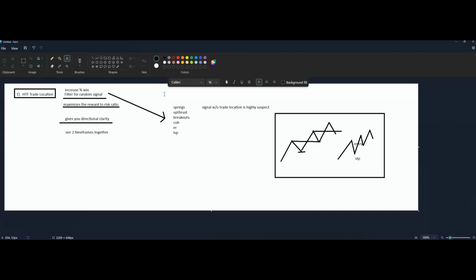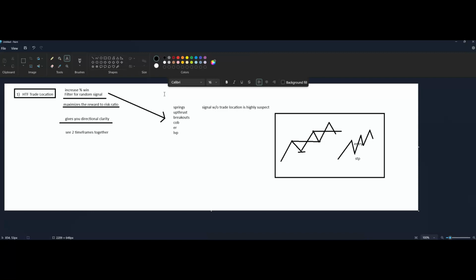What they do is they're based on conditions: if the market is making a higher high, if the moving average is doing this, if there's momentum using MACD or ADX or some other indicator. These are conditions. Those conditions are on a 5-minute chart, which means they can change on a whim. I'm not saying that those conditions aren't valid. What I'm saying is that those conditions are missing trade location.